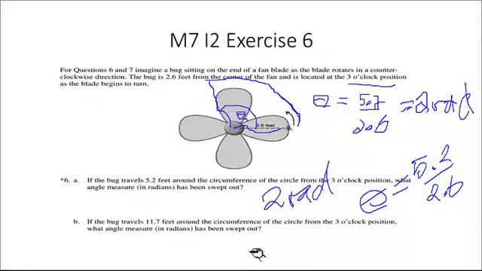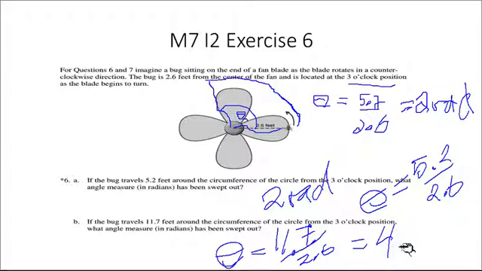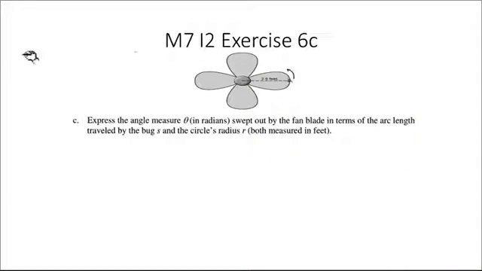Theta will equal 11.7 over the length of 1 radian, and that gives us 4.5 radians.